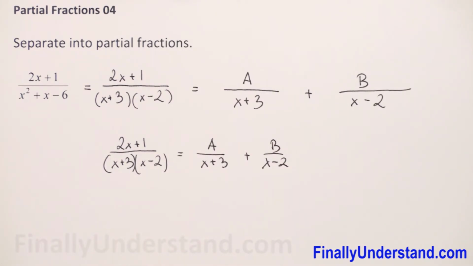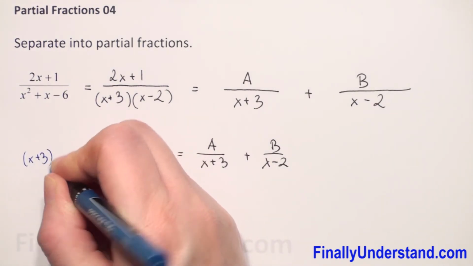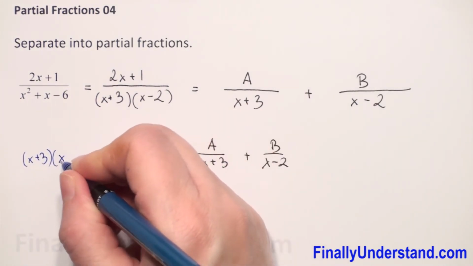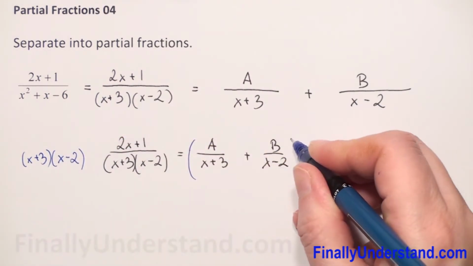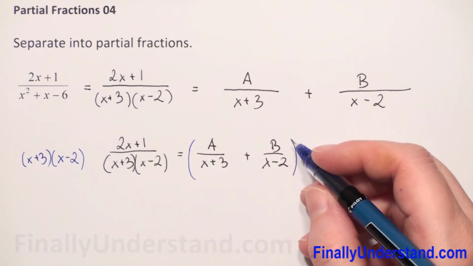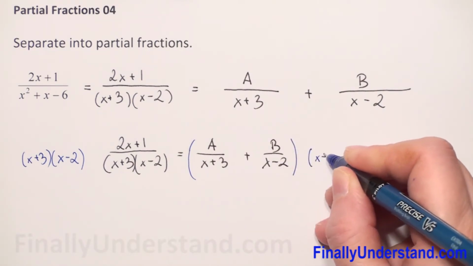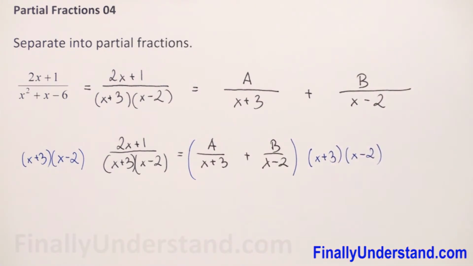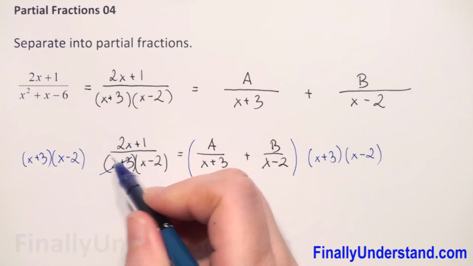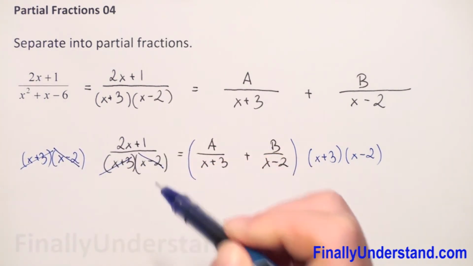So we will multiply both sides by x plus 3 times x minus 2. The whole expression on the right side we have to multiply by x plus 3 times x minus 2. And now we see that x plus 3 and x plus 3 we can reduce, and x minus 2 with x minus 2.